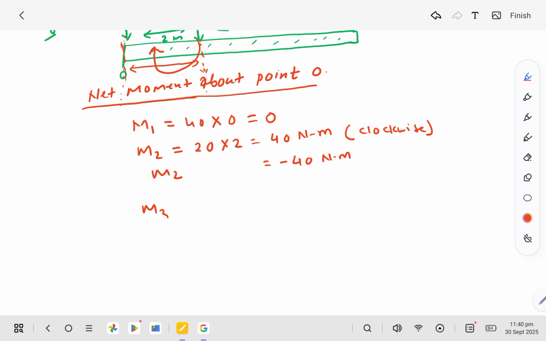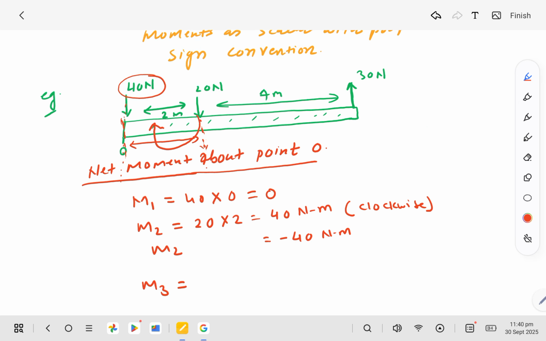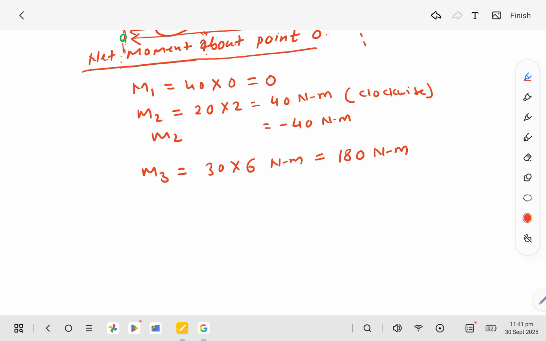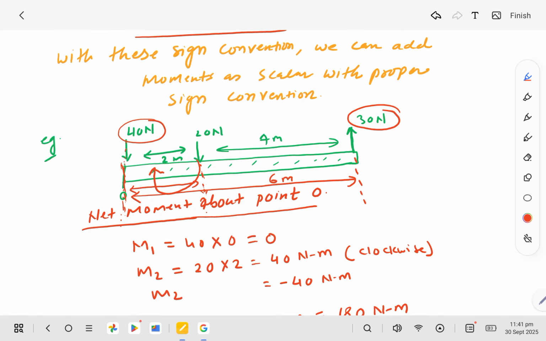And now M3, moment of this force 30 Newton. The line of action of this force is here, and the perpendicular distance between the line of action and the line passing through point O is 6 meter. So the magnitude of the force is 30 and the perpendicular distance is 6 meter. So this is 180 Newton meter. And now what is the sign?